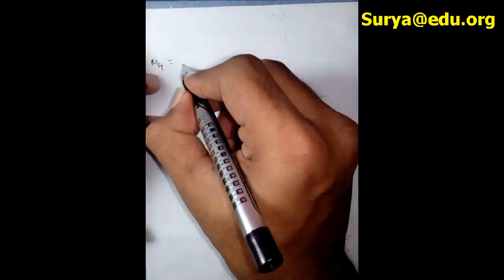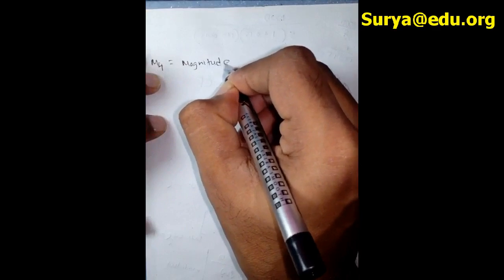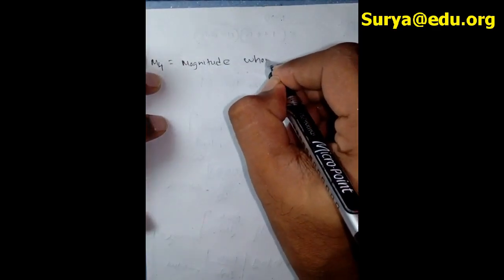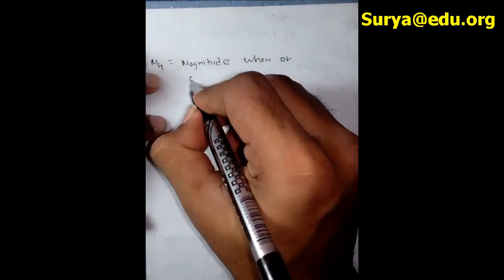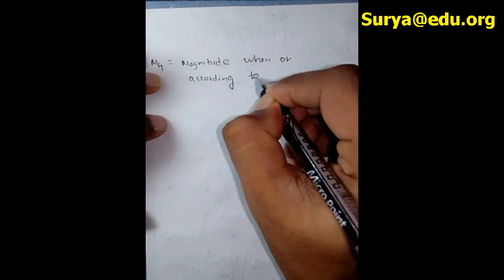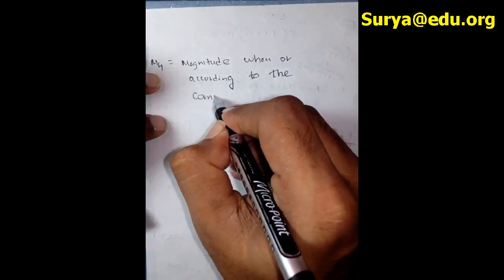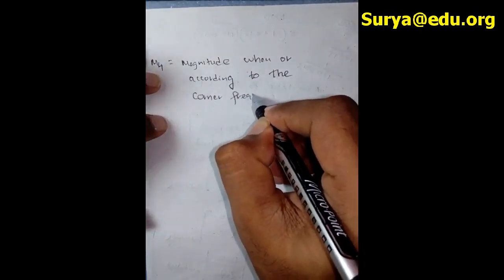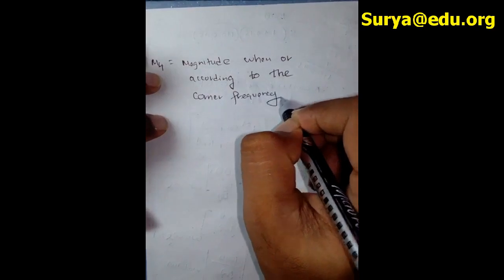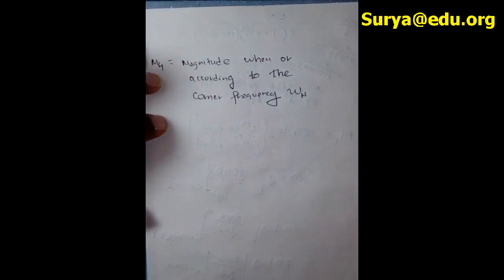So now guys, what is M4? M4 is the magnitude according to the corner frequency omega h, right?